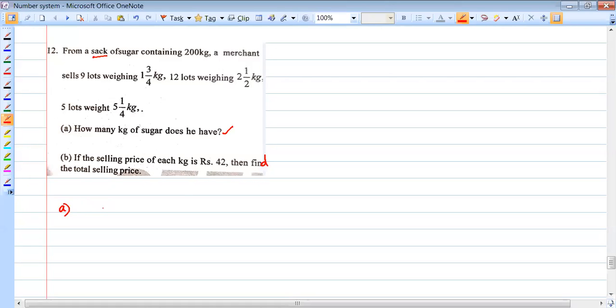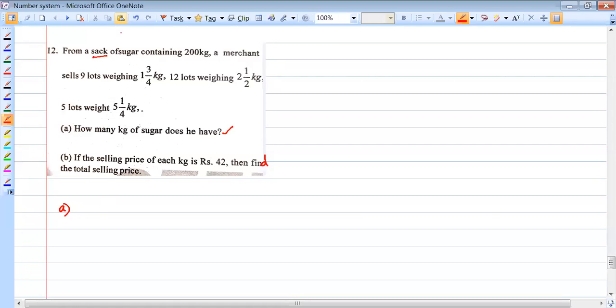Someone mentioned 57 kg. Sir, I don't know how to solve this question. Okay, Atshaya and Shreya, I will explain to you. Grace also, I will explain to you.